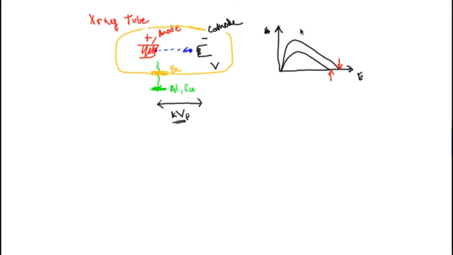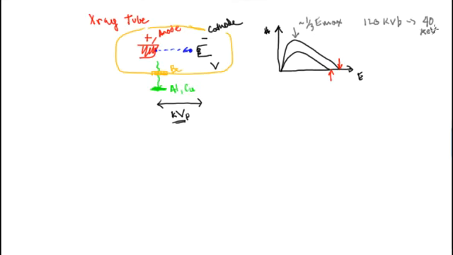One thing that's useful to know is that the peak energy is usually at approximately 1/3 of the maximum energy. So if I have a tube set at, let's say, 120 kVp, then the peak energy in the spectrum would be 40 keV.